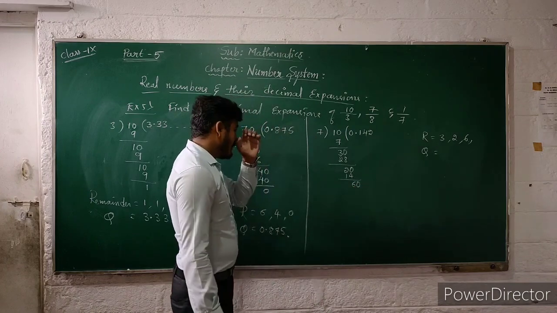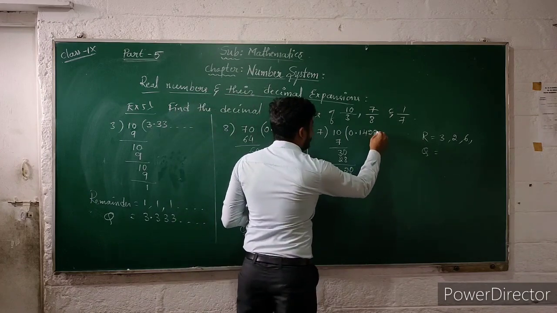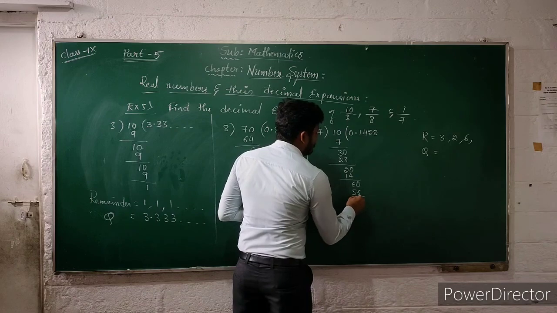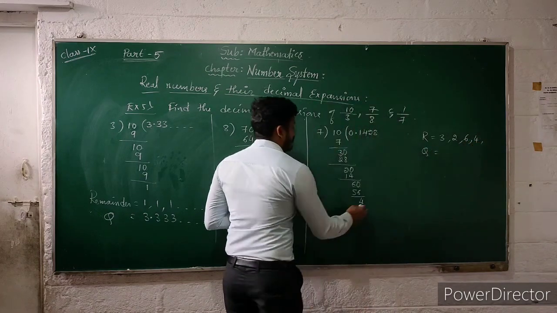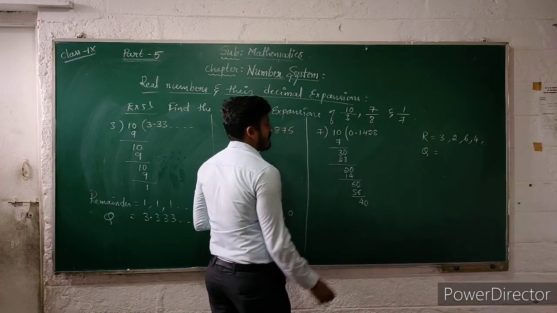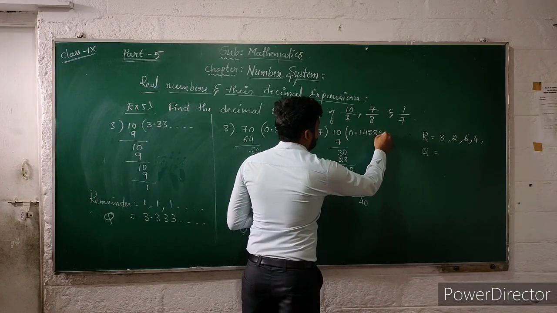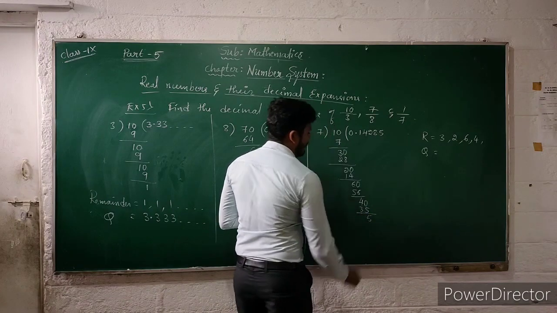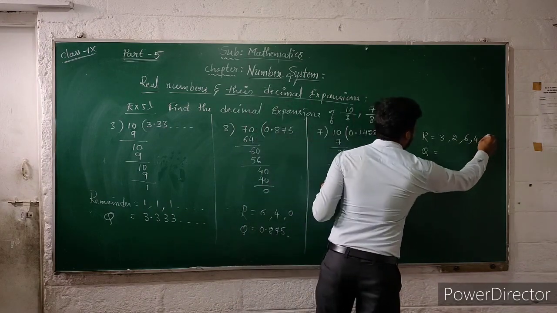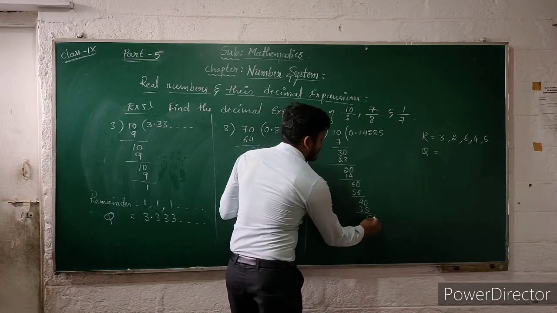Then 7 8s are 56. So then 4 is remaining. Write down 4 here, and then carry 0 here. Then 7 5s are 35. Then 5. Write down 5 here. So then carry 0.